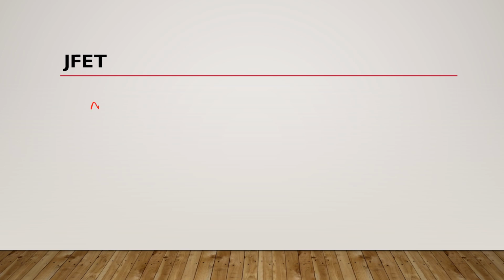Again, they are of two types, N-channel JFETs and P-channel JFETs. The symbol of the N-channel junction field effect transistor is like this. This is gate, this is drain, and this is source, and the arrow is here.